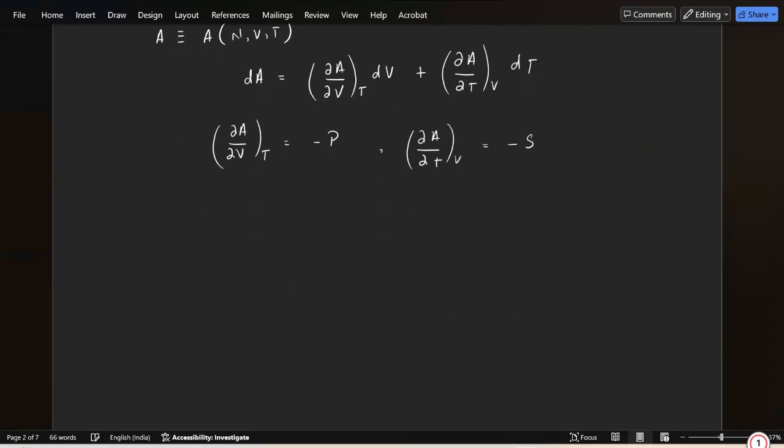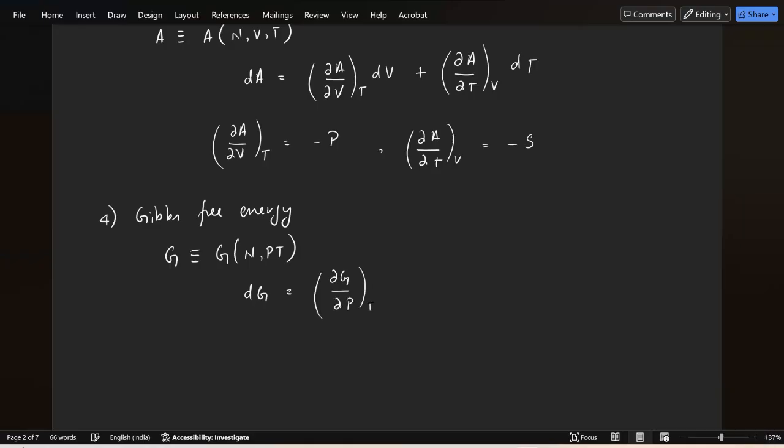Similarly, you can do this for Gibbs free energy as well, and then we'll get a few things from that. Again, Gibbs free energy has natural variables N, P, T. Then dG is equal to (del G by del P at constant temperature) dP plus (del G by del T at constant pressure) dT.